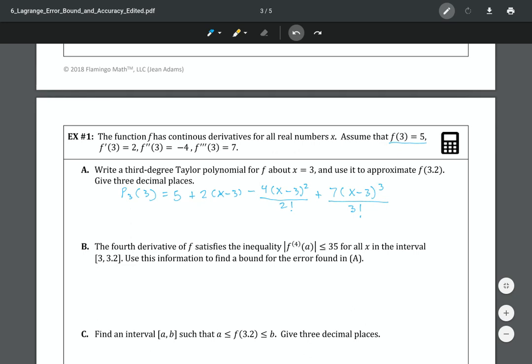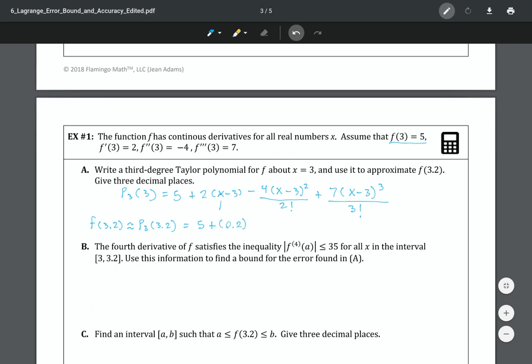They want us to approximate f of 3.2. So whatever this function is, I'm trying to find the y value at 3.2. It's approximately equal to the Taylor polynomial at 3.2. So all I would have to do is plug in 3.2.